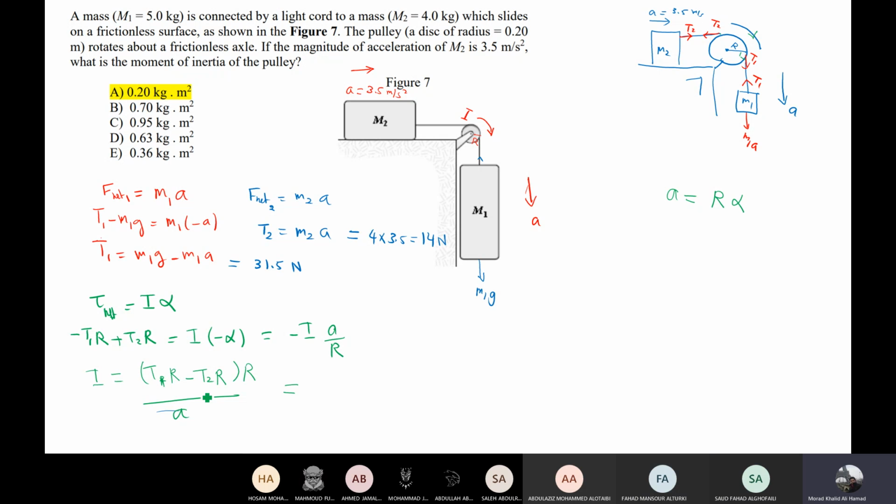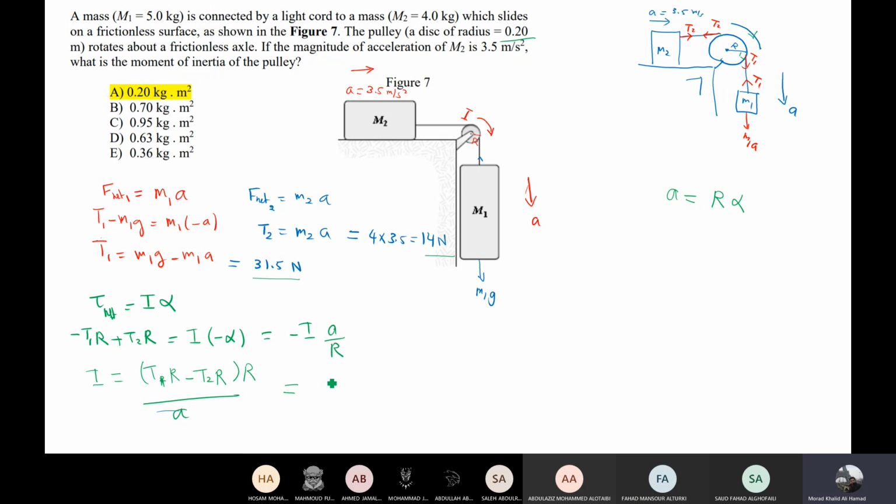Now I have T1, which is 31.5 Newton. This is T1. This is T2. I have R. This is R. And I have the acceleration. Just substitute.